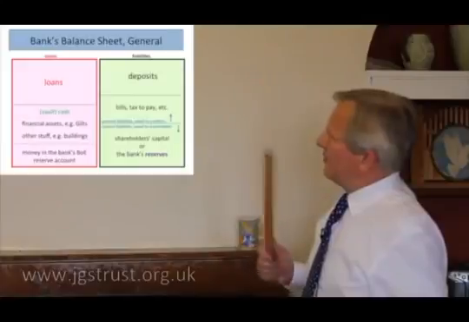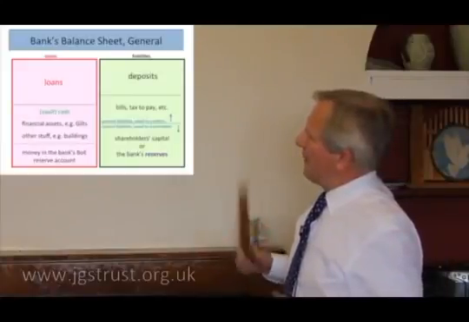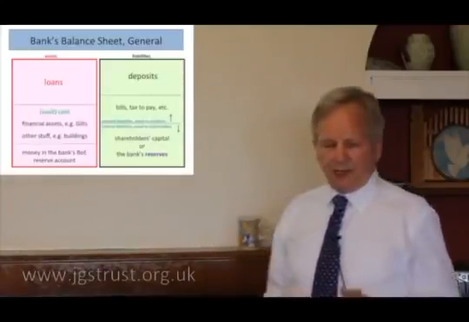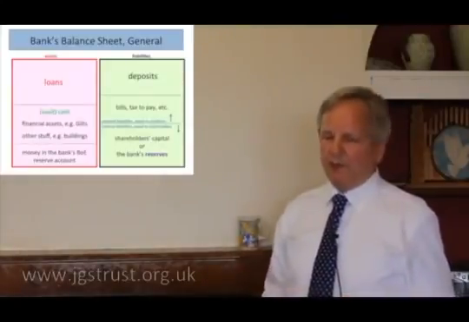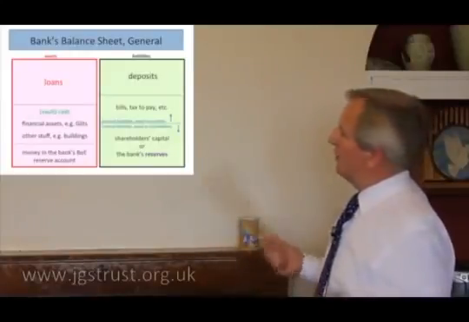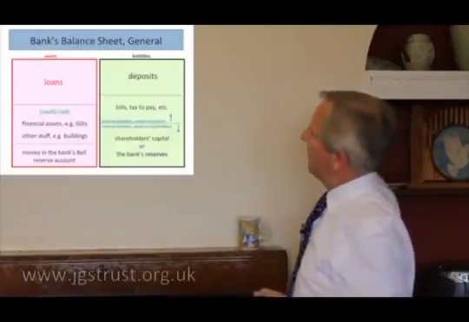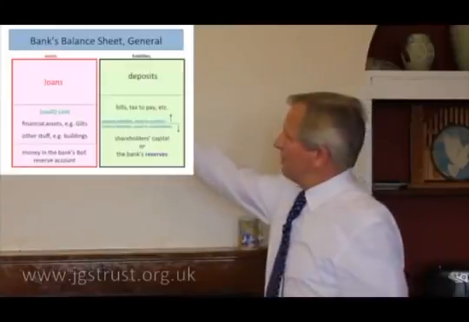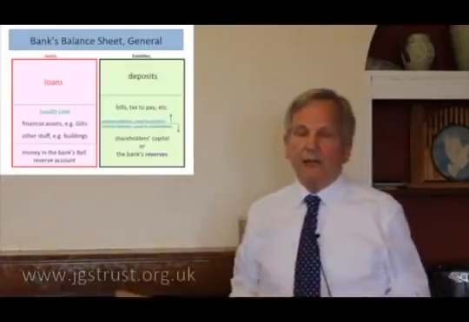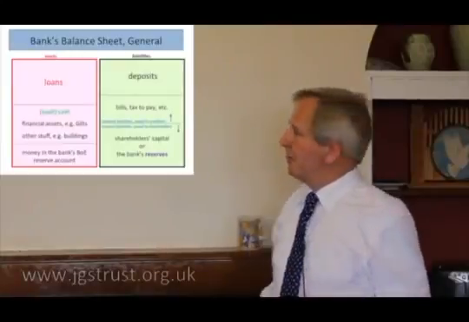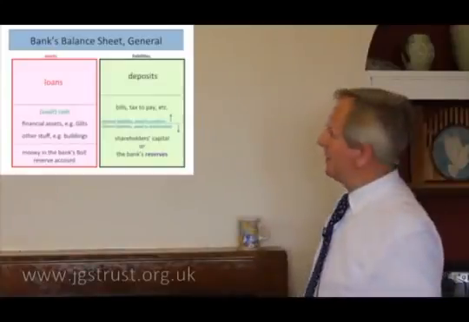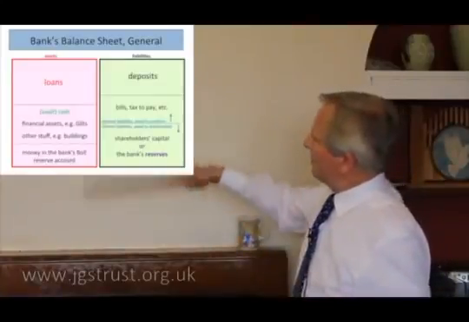So we notice the difference between electronic money and physical money here, that whoever actually has ownership of physical cash, that's an asset to that entity, be it the bank or people outside the bank. Assets, financial assets, the banks tend to buy gilts, which are IOUs from the British government. It's a favourite asset of banks. And obviously the nice buildings that you see, and the cars and so on and so forth.